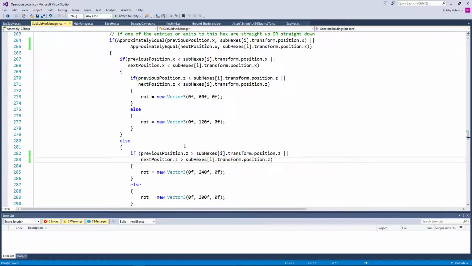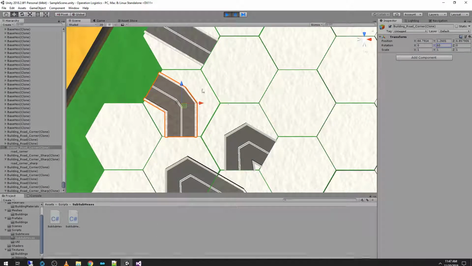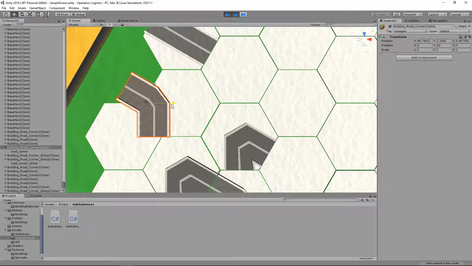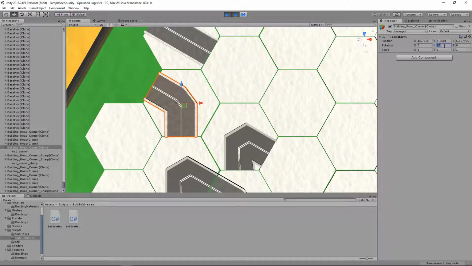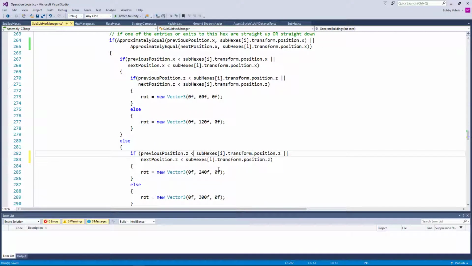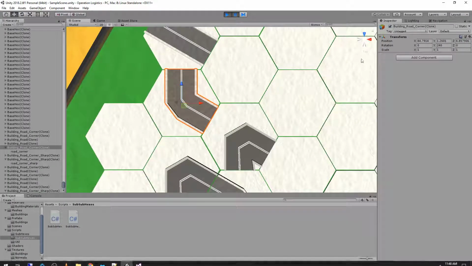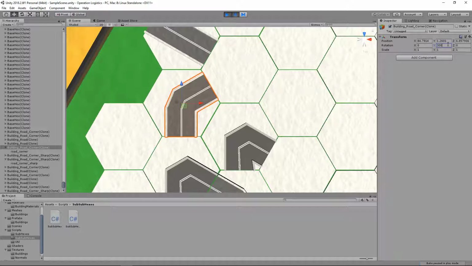No, that's still correct. Because 240 degrees would be... Z down is this way. So 240... Actually, yeah, that's... So we're up here, and then Z is greater than. We go to 240. Otherwise, we go to 300. That's not correct.